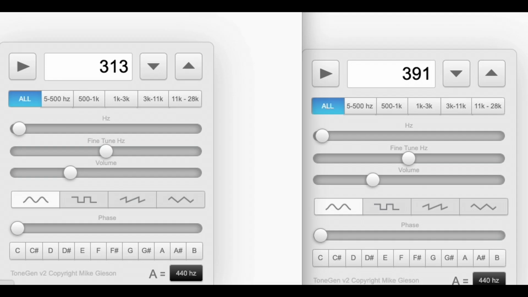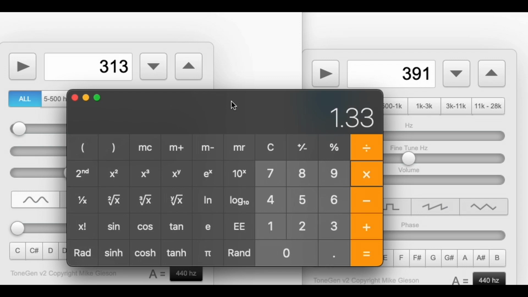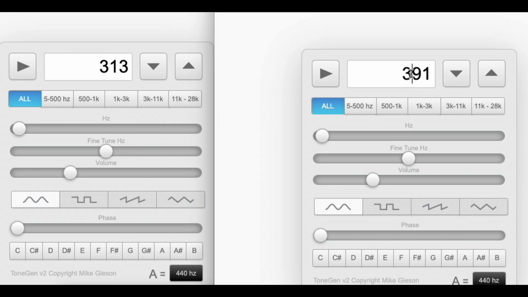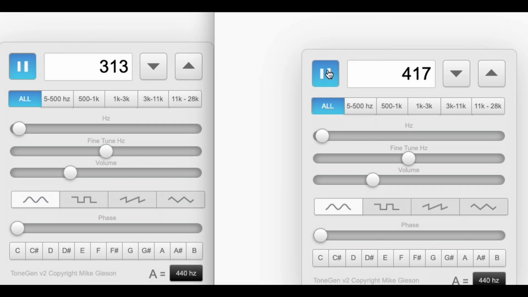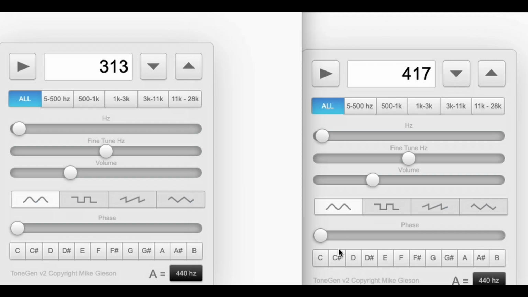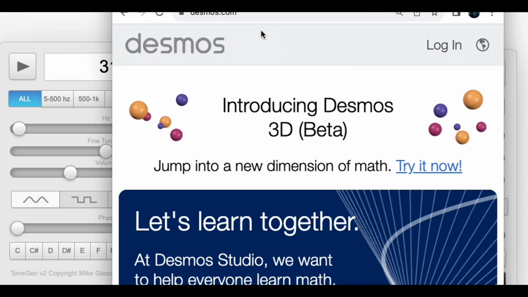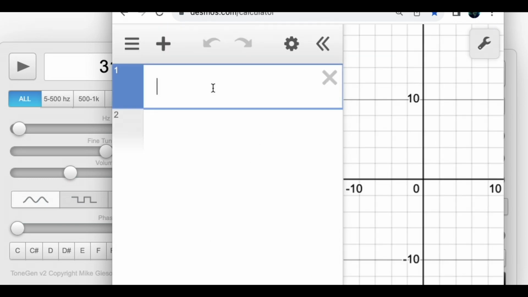Let's hear what he sounds like. 417. Okay. If we were to go to Desmos and plot that guy, let's see what he looks like, just out of curiosity.